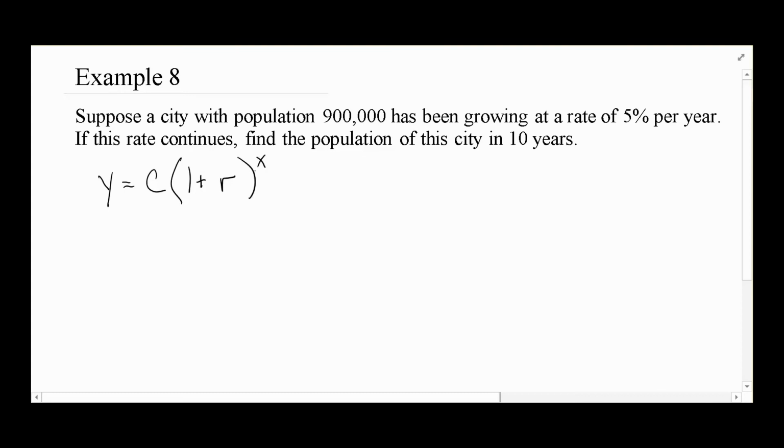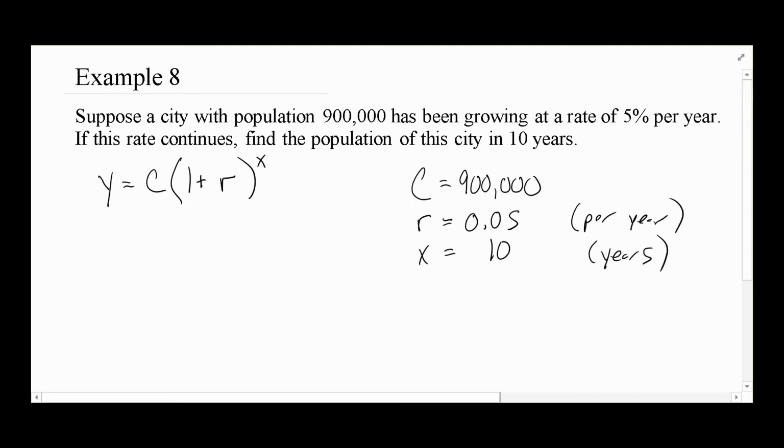Let's look at what values we know. The initial value here is that we're starting with 900,000. The rate at which we're growing is 5%. This was per year. I'm going to jot that down because remember that x is the number of time periods.